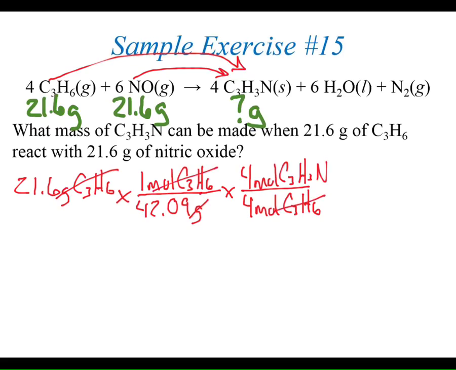But I want to know the mass of acrylonitrile, so what do I do next? 3 carbons, 36, plus 3 more is 39, plus 14 is 53.07, something like that. That's the mass of a mole of C3H3N. So punch that in your calculators. I don't have mine, so I won't do it, but tell me what you get.